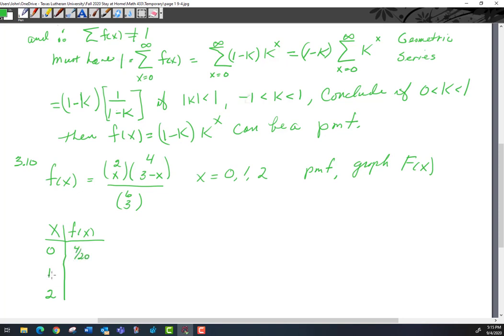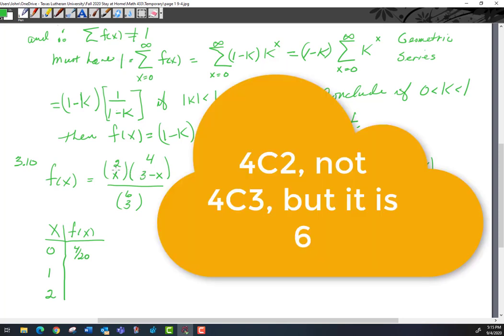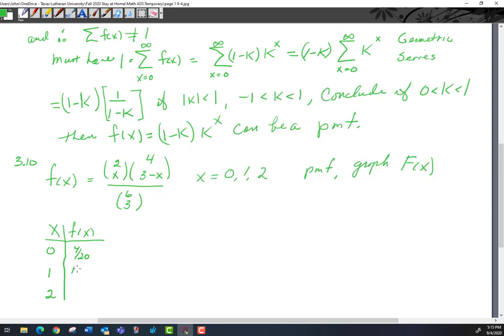So I get 4 over 20. If x is 1, I get 2 choose 1, that's 2. And 4 choose 2, that's 6. So 2 times 6 is 12, and this is constant, it's still going to be 20. So this would be 12 over 20. And if x is 2, 2 choose 2 is 1, and this would be 3 minus 2, which would be 1. So 4 choose 1 is 4.